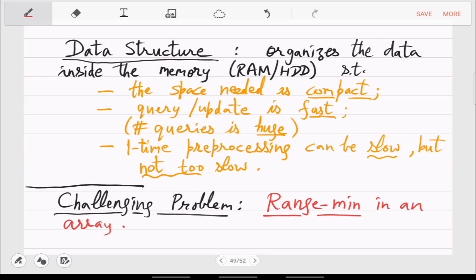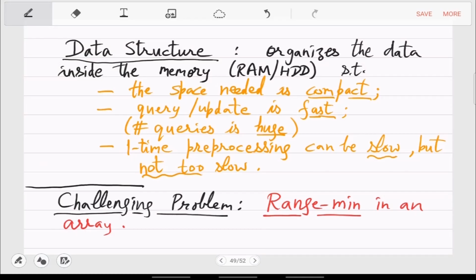The question was that you are given an array of size n, and the query will be of the type i comma j. When the user asks a query i comma j, what you have to answer is, in the array from i to j, what is the minimum element?